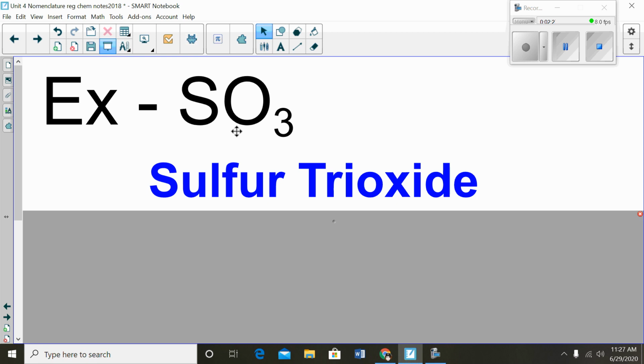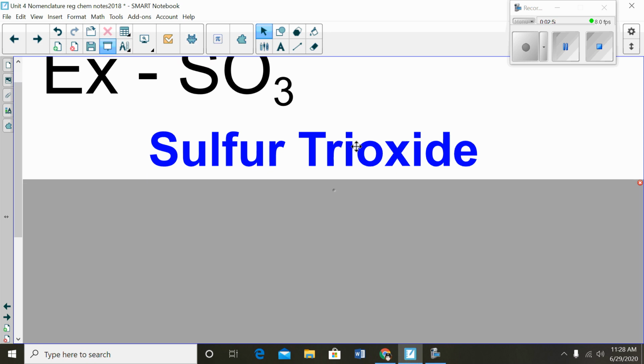But mono is never used for that first nonmetal. So this is not monosulfur. It only works for the first element, so you just call it sulfur. Now O is oxygen, but you change that name to oxide, right? Same as for type 1 and type 2 in the polyatomics. It's IDE, oxide. But now oxygen has a 3. The prefix for 3 is tri, so you put that in front of the oxide, and this is called sulfur trioxide.